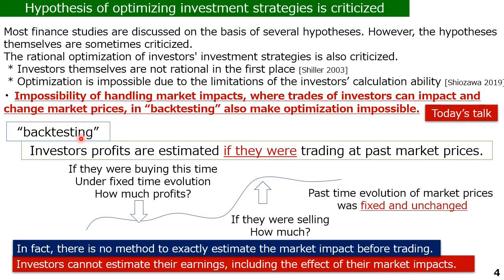In backtesting, investors' profits are estimated as if they were trading at past market prices. I will explain using these figures. For example, this blue line is a past time evolution of market prices, but in backtesting, this is fixed and unchanged.